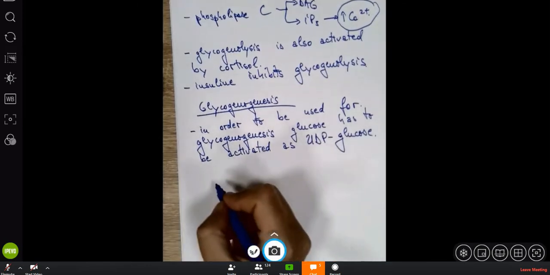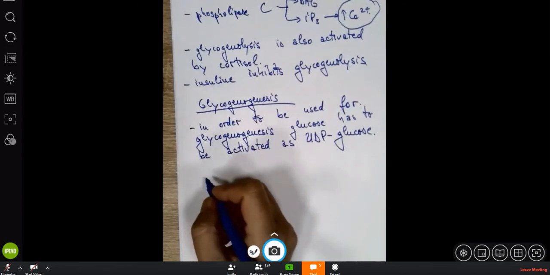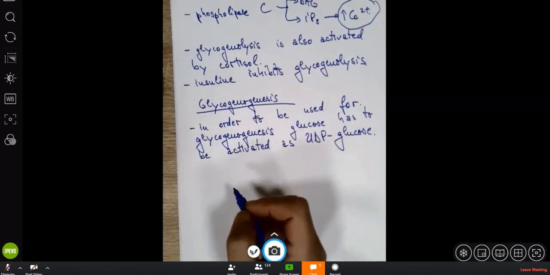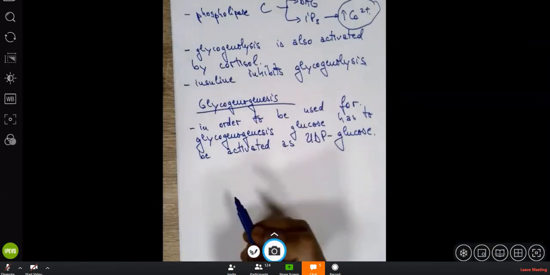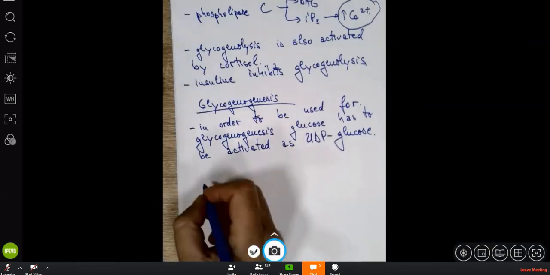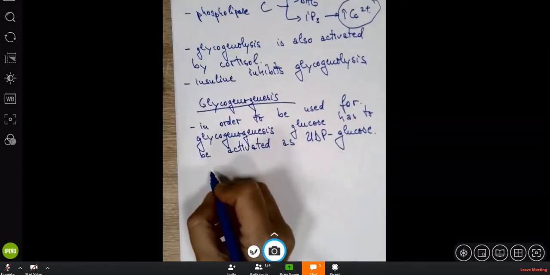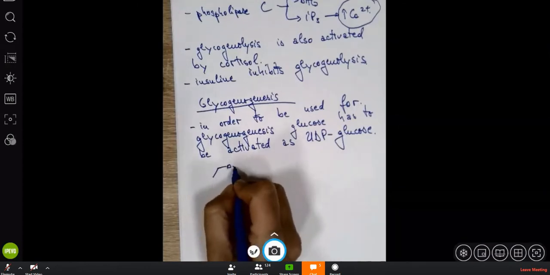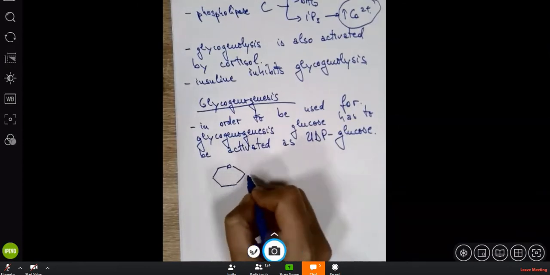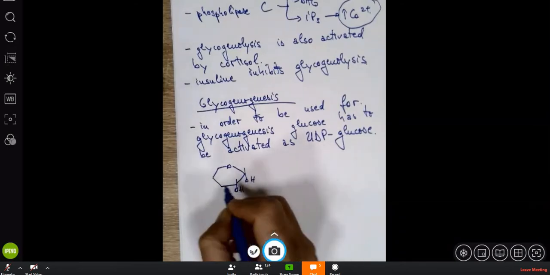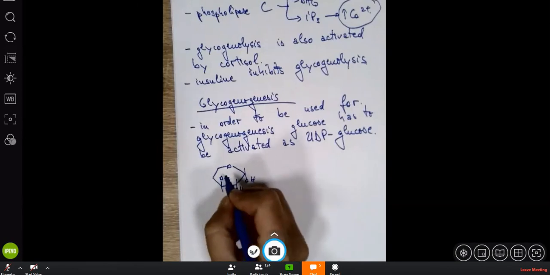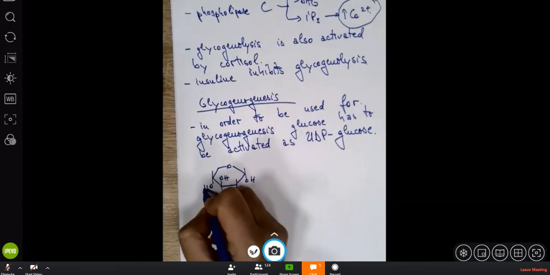So, we have learned about this activation process when we have discussed the glucuronic acid pathway. So, what do I have? I have glucose 6-phosphate. Always I should start from glucose 6-phosphate because this is the form glucose is found inside our cells.